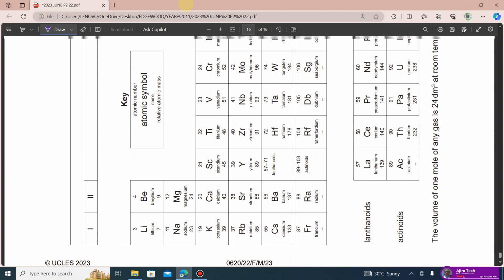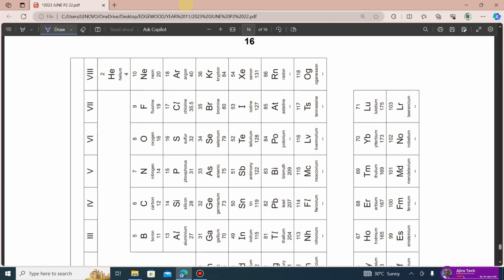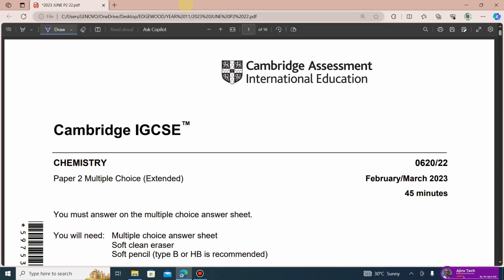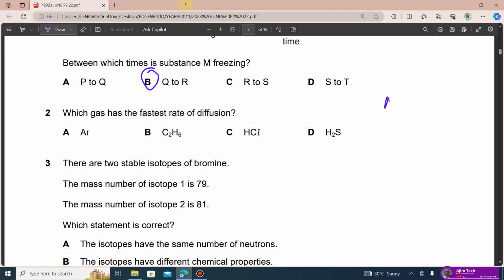So if you look at argon, one of the noble gases, you can see that argon has a mass of 40. Then for C2H6, carbon is 12, so it becomes 2 times 12 plus hydrogen is 1, so 1 times 6.